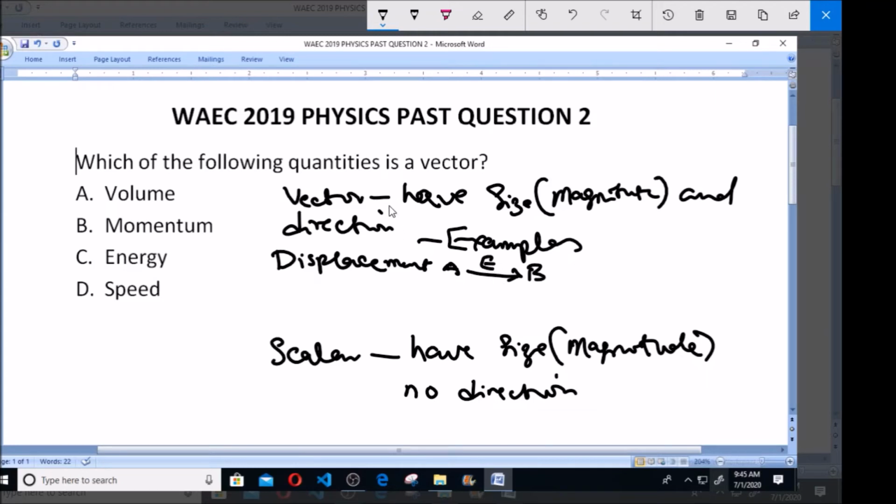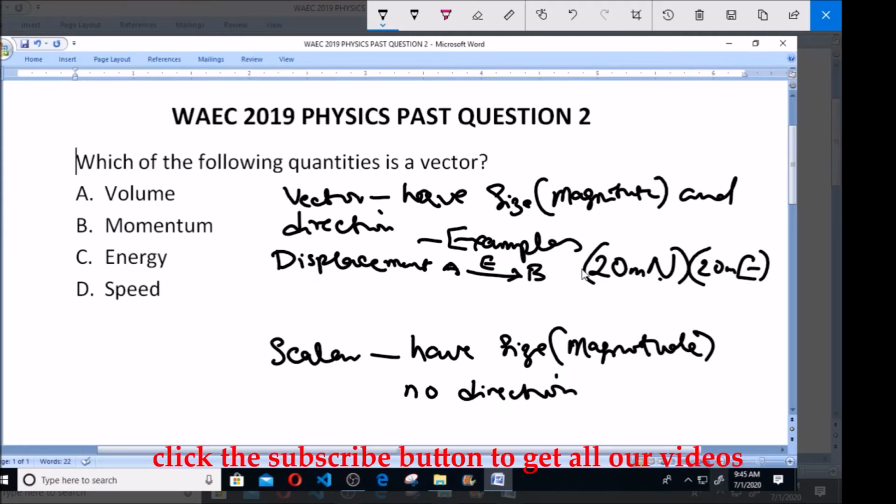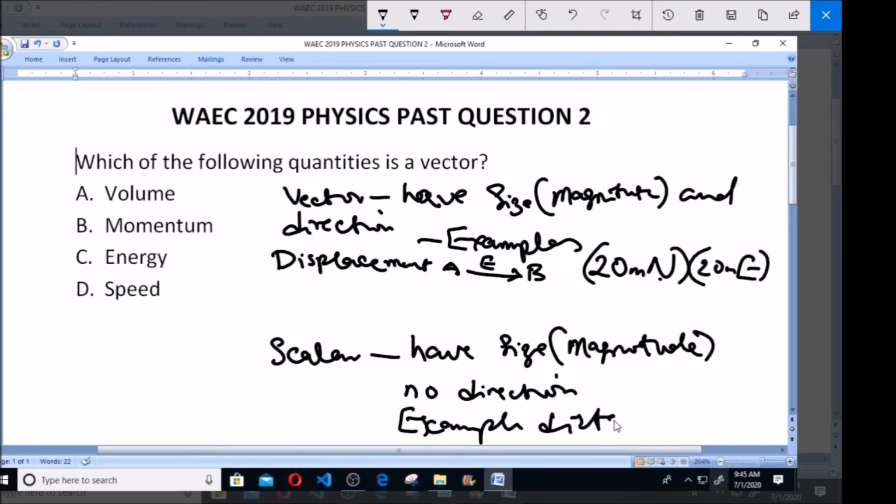So displacement is a vector quantity because you can only say 20 meters north, or you can say 20 meters east. That is displacement because you're showing the direction of the motion. But if it is distance, it does not have direction, then distance is a scalar quantity. So we have displacement for vector, distance for scalar.